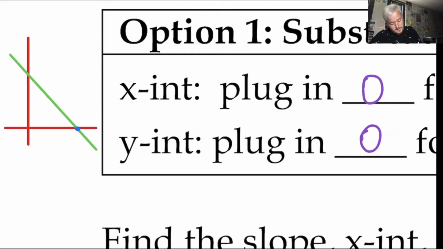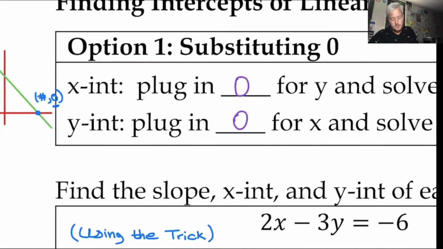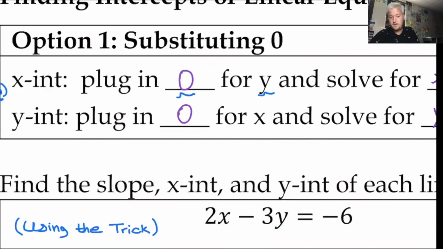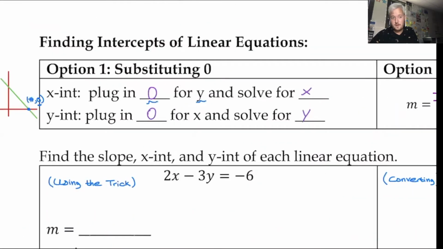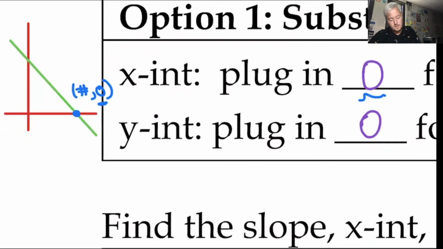Our x-intercept right here would be some number, comma, 0. Notice how for the x-intercept, the y value is 0. So plug in 0 for the y value, and then solve for that x value. The same works for a y-intercept. Let's say I have my y-intercept, my b value.